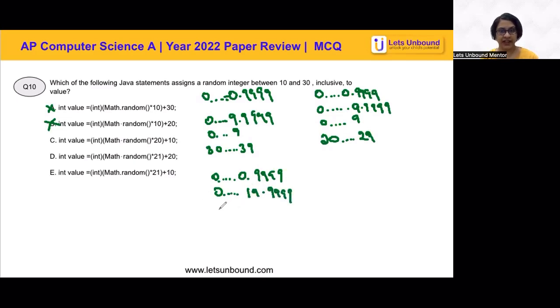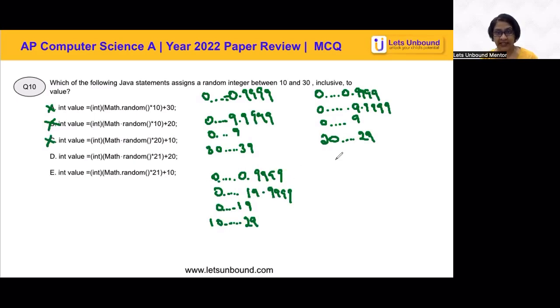Now taking the integer value on both the ends, the range becomes 0 to 19. Adding 10. So this becomes 0 plus 10, 10, till 19 plus 10, 29. Well, that was very close. But then again, not what we want. So we will eliminate option C.